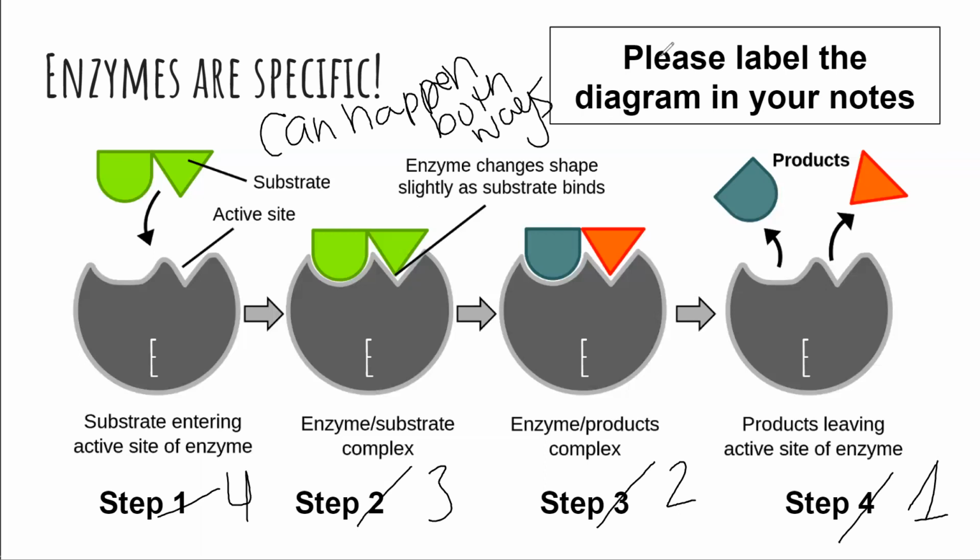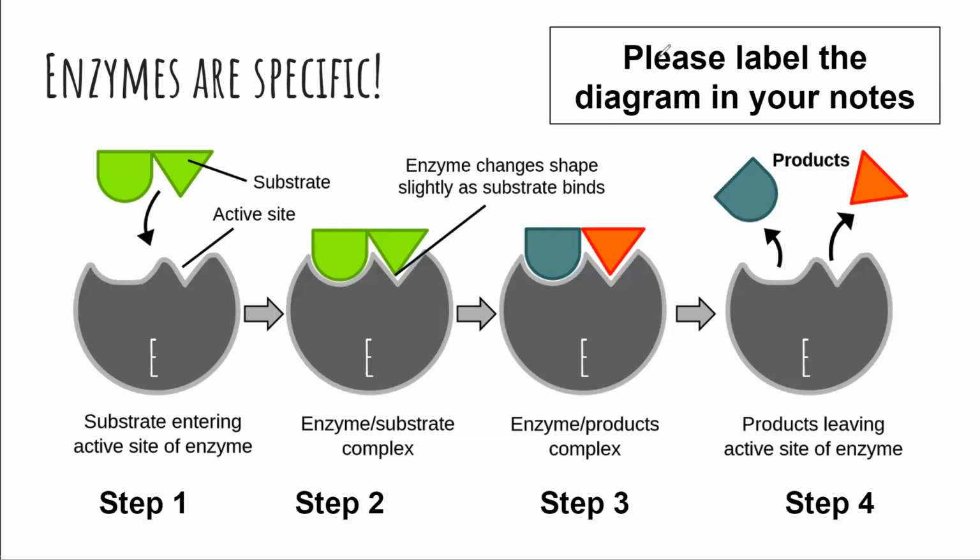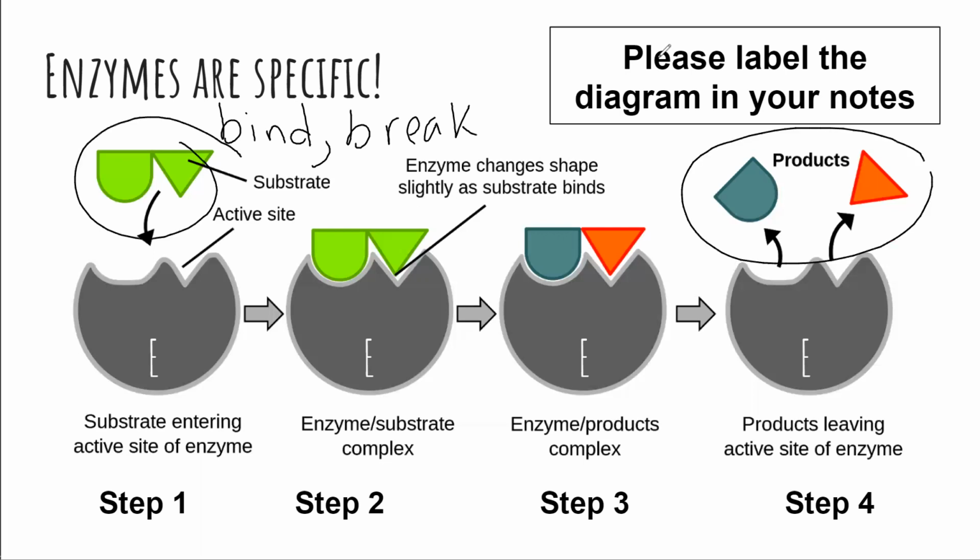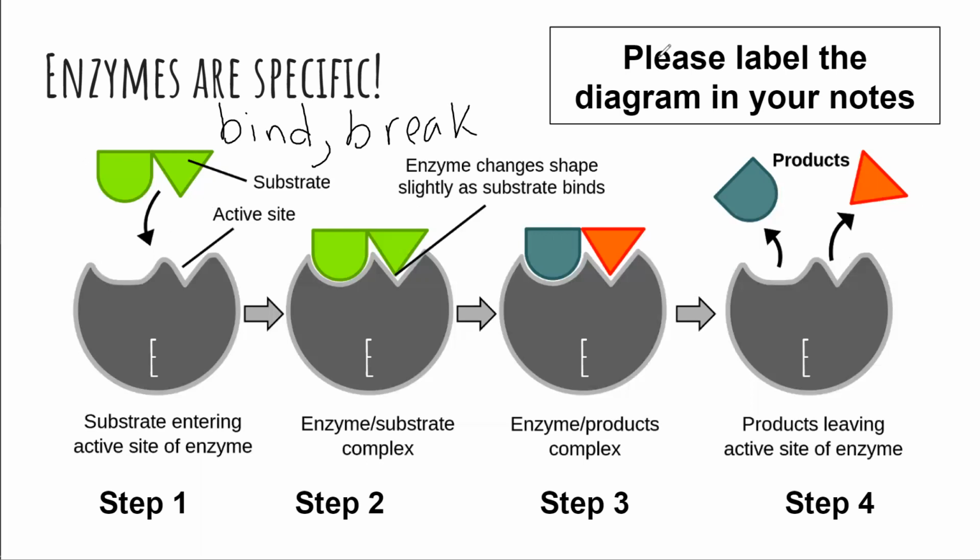So not only can we put things together, not only can we bind things, but we can also break them. So this, we broke up this substrate. But enzymes can also bind the substrate. So they can actually bind the substrate and put it together and release it into a larger molecule.